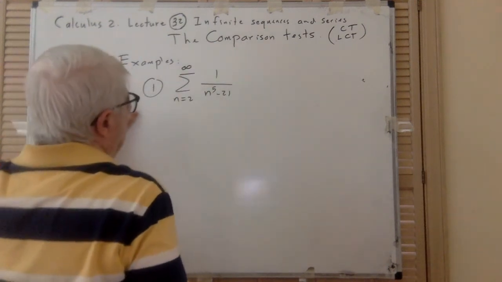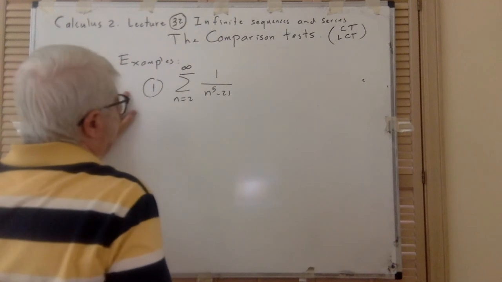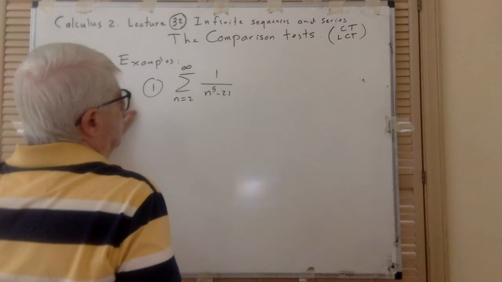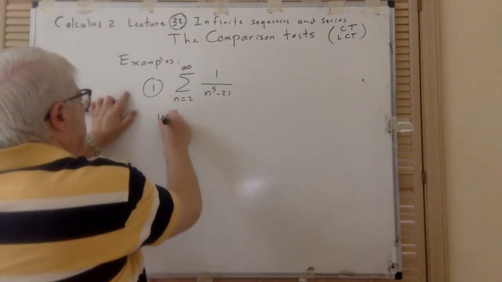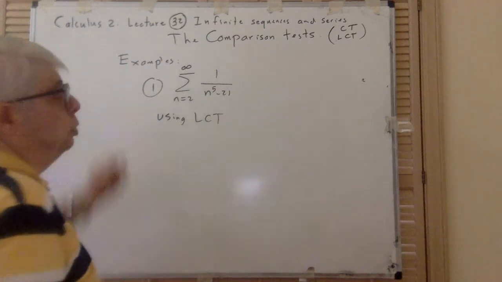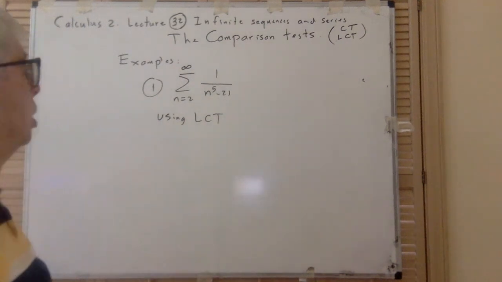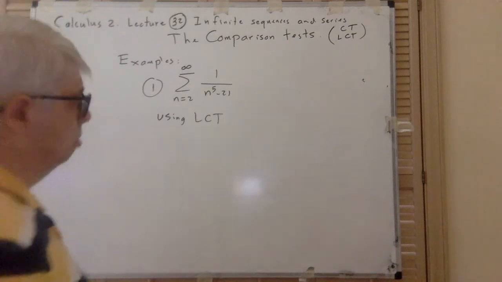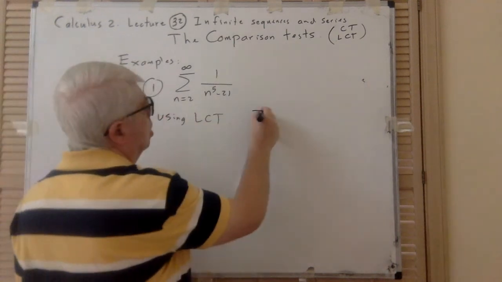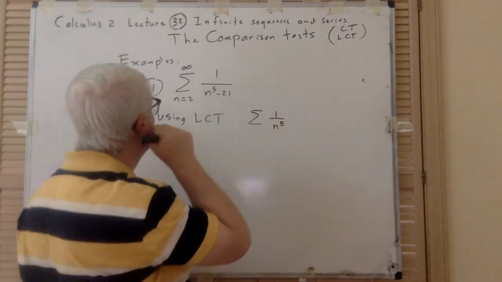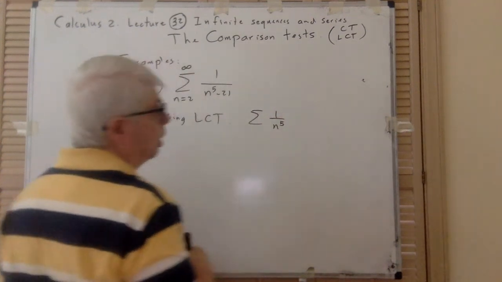Okay, so let's compare. We are using LCT. We have to find another infinite series to compare with. But what is it? Sigma 1 over n^5, right? Just ignore this and compare with 1 over n^5.